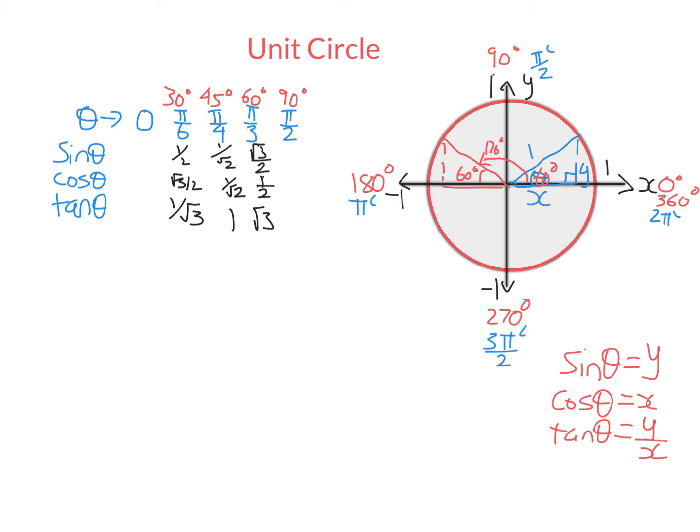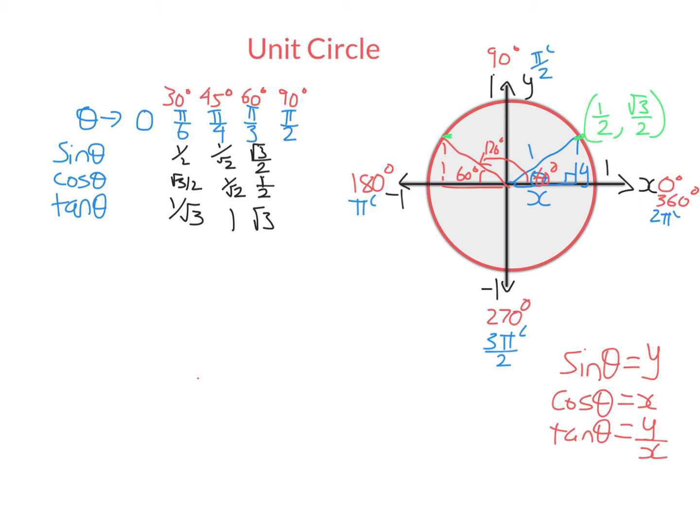So I know from my table up here, sine 60 is root 3 on 2, and cos 60 is a half. So it turns out if you make this angle here 60 degrees, this point here will be x coordinate will be cos of 60, which is a half, and the y coordinate will be sine of 60, which is root 3 on 2. So what would this point here be?